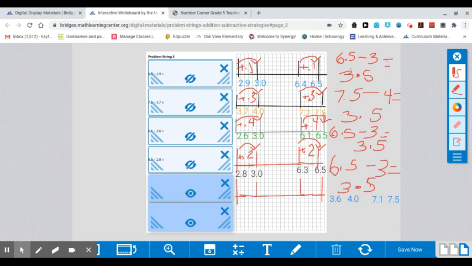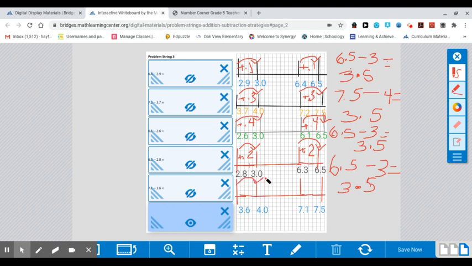All right, the last problem for this lesson is 7.1 minus 3.6. Looking at these numbers, 3.6, if you add 0.4 to it, it brings you up to a whole number of 4, and 7.1, if you add the 4/10 to it, it brings you up to 7.5.